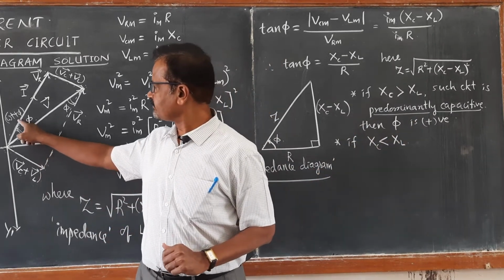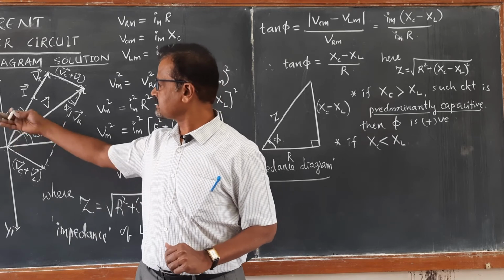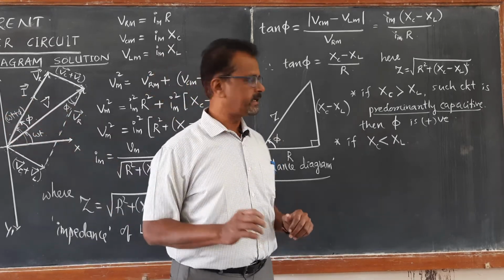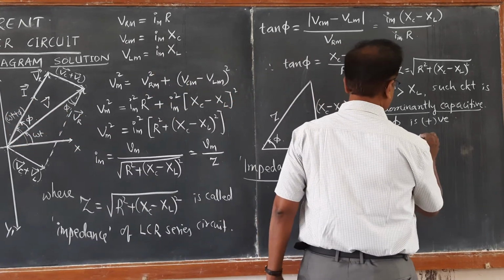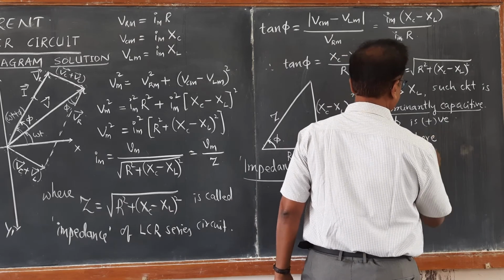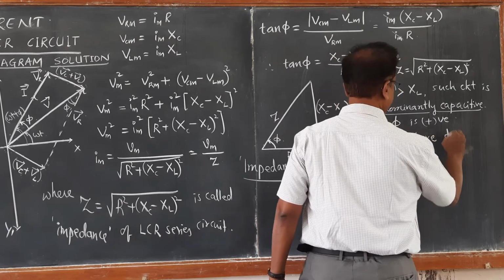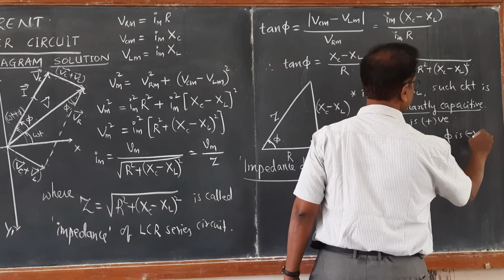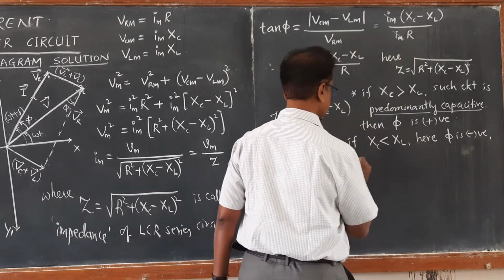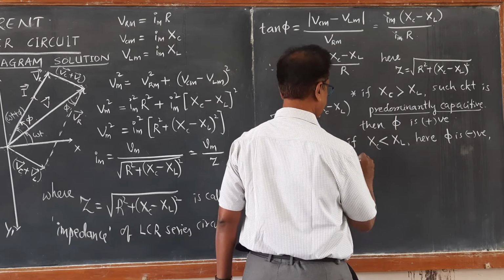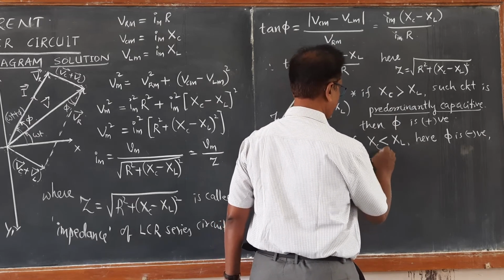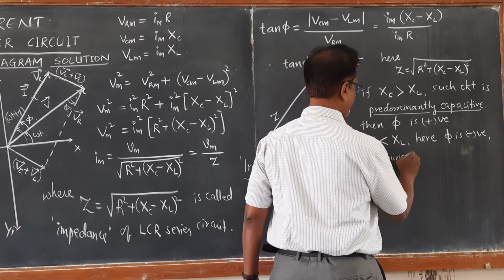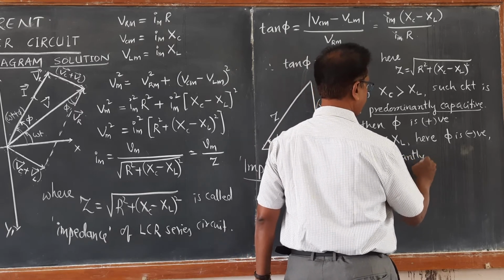Here you can see the phase phi is positive. In the other case, the phase phi will be negative, and such a circuit is called predominantly inductive.